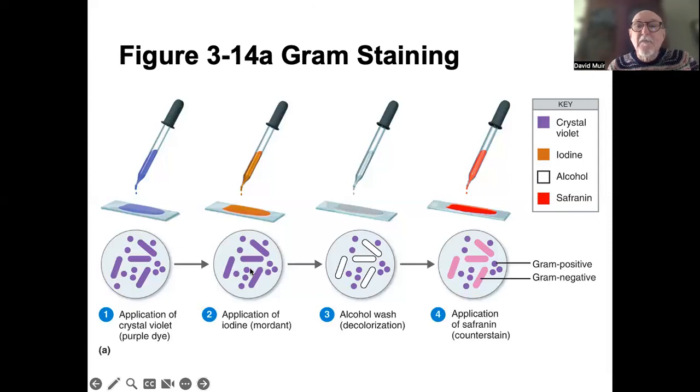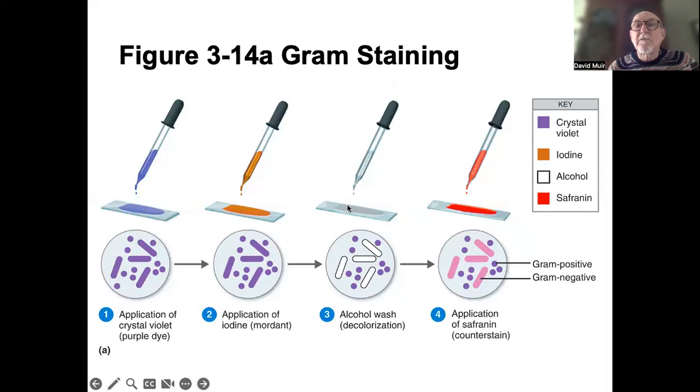These are a mixture of gram-negative and gram-positive cells, and we see the reactions of each. When we do our initial staining, here are gram-negative rods here, and gram-positive cocci. When we do our initial staining, all of them stain. When we add the mordant, all of them remain stained.